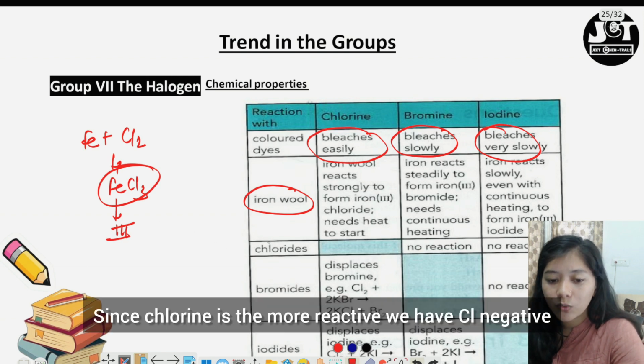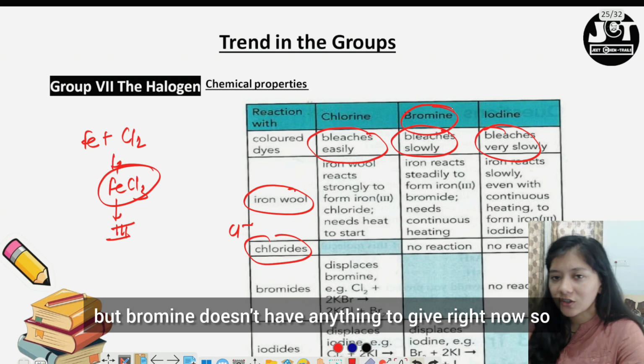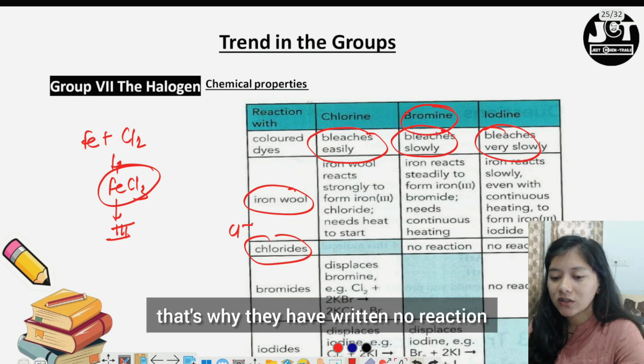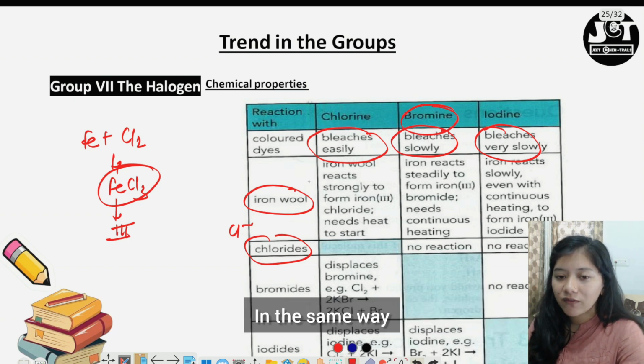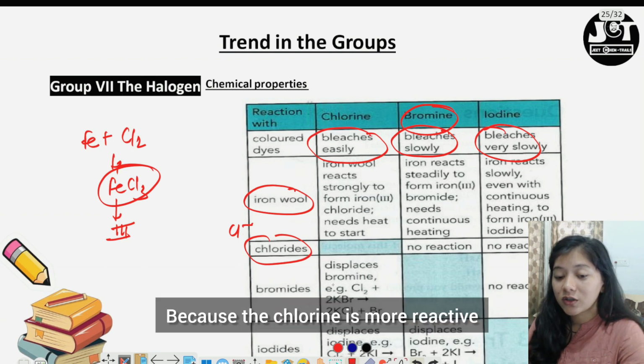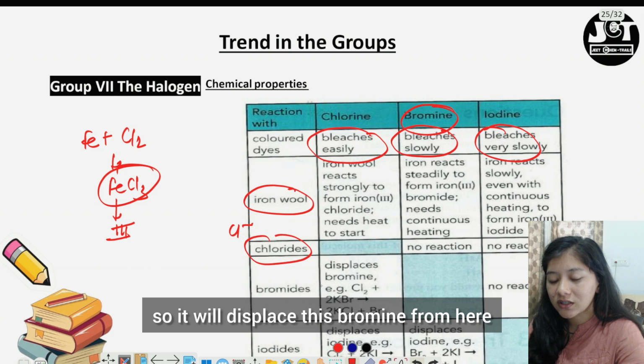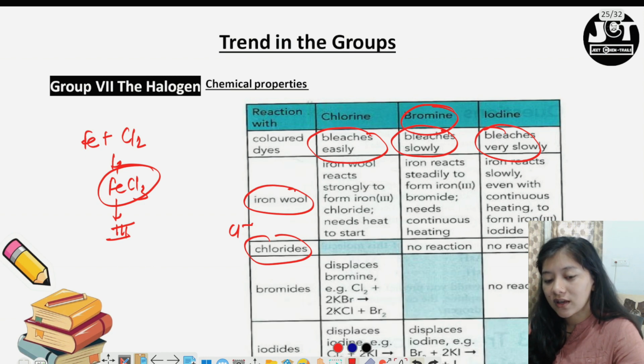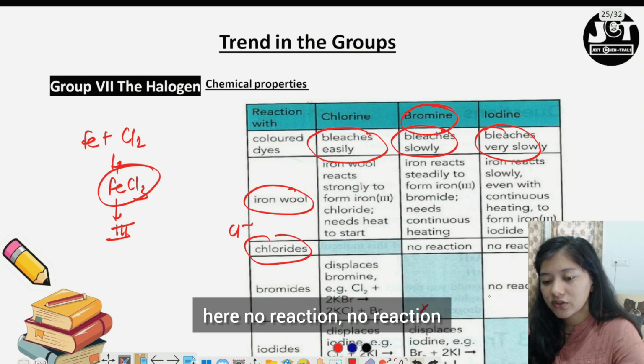Since chlorine is more reactive, we have Cl negative, but bromine doesn't have anything to give right now. That's why they have written no reaction. In the same way, if chlorine reacts with bromide, the reaction will happen, isn't it? Because chlorine is more reactive, it will displace the bromine from here and form a bond with this K. Here, no reaction, no reaction.